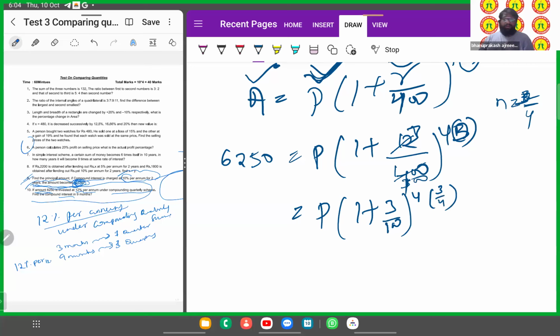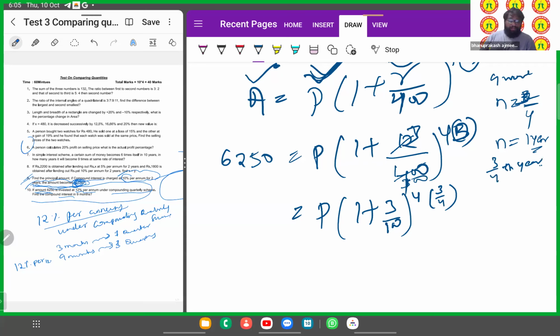How did I get 3 by 4 here? n is for 1 year. Correct. n is for 1 year. So for 9 months, n is 3 by 4th year.